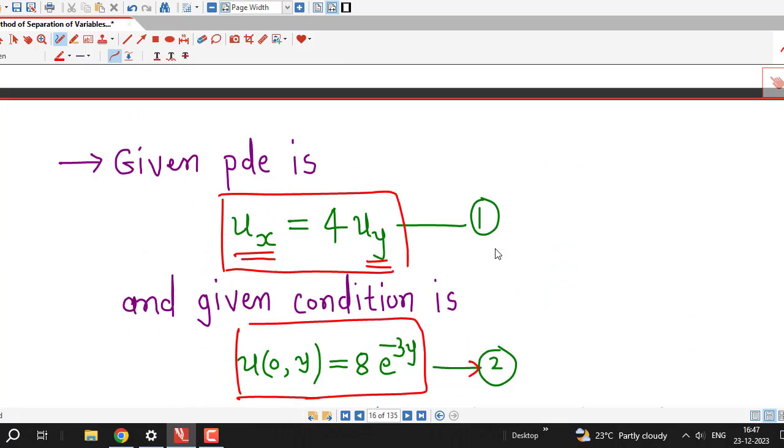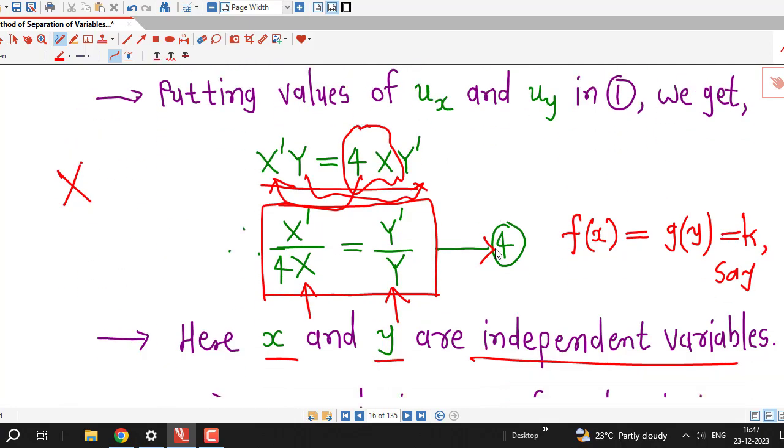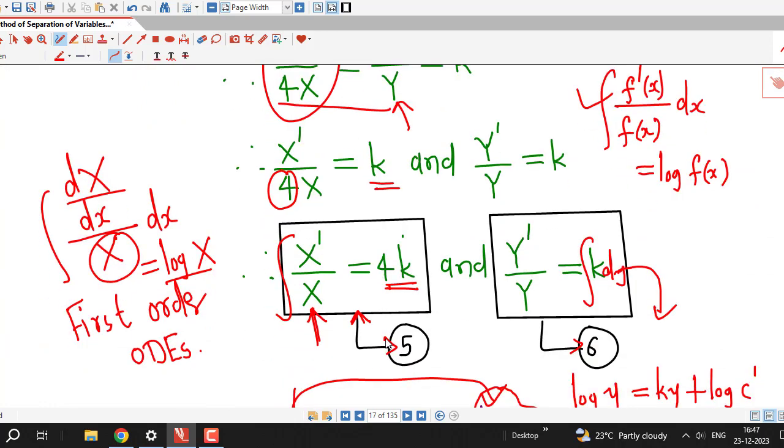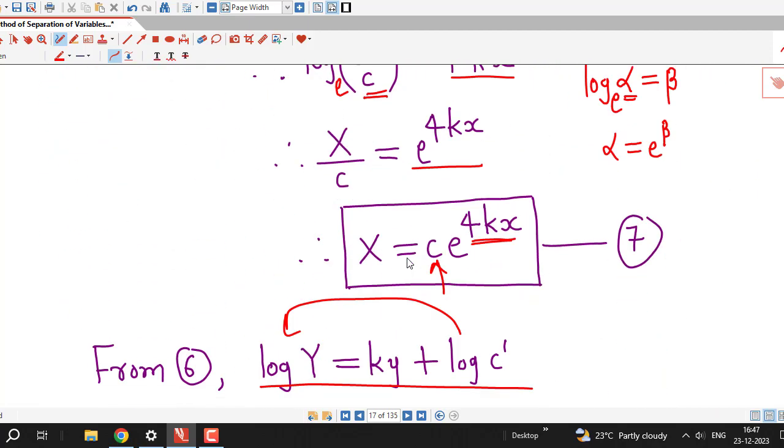And then after doing all these things, we will obtain ordinary differential equations. Here we obtain two ordinary differential equations because we have two independent variables.